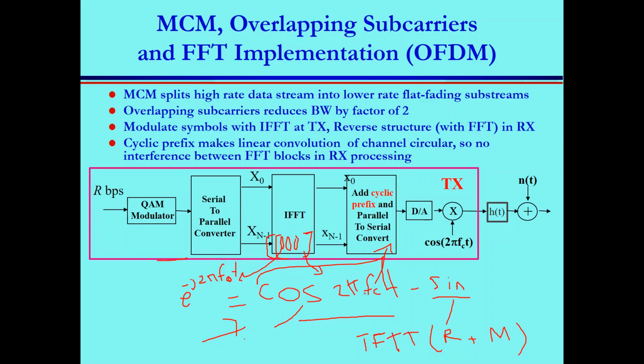Rect is sinc. And these f values shift the sinc to different frequencies. This is where the rect is coming from, where the sinc is coming from, where the cosine is, where the sine is, all of them here. So if you want to tell me what's OFDM, OFDM is IFFT.